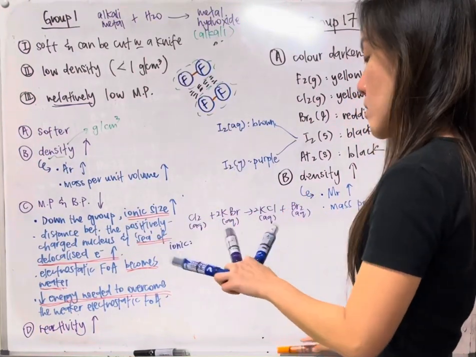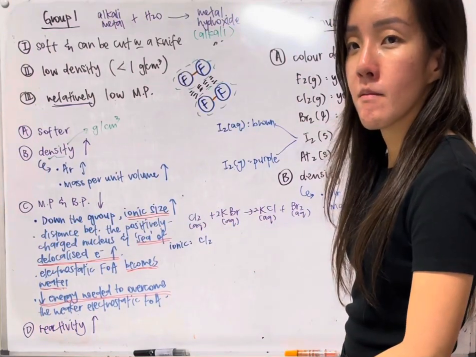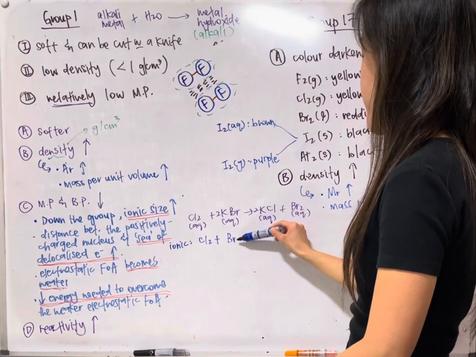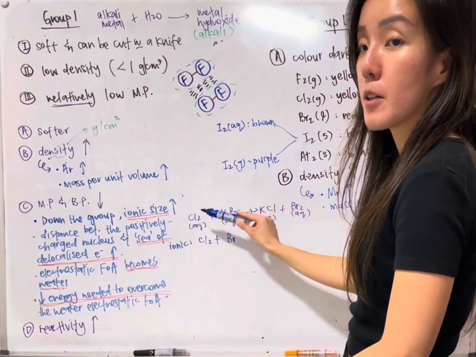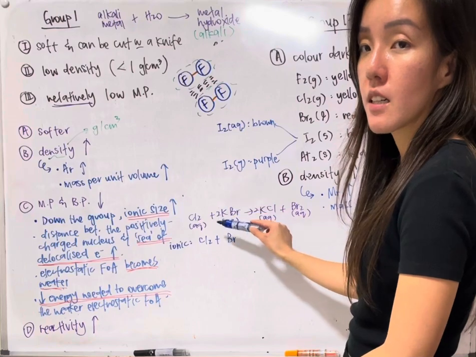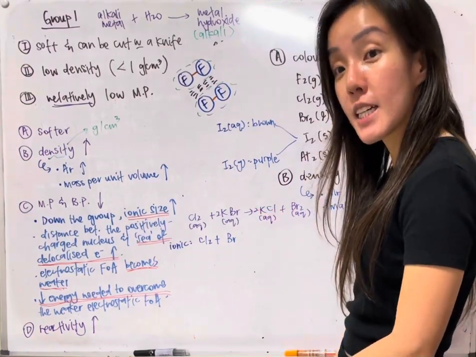Alright? So try. Cl minus, Cl2, plus Br. Is this an ionic compound or a molecule? Metal and non-metal is what?